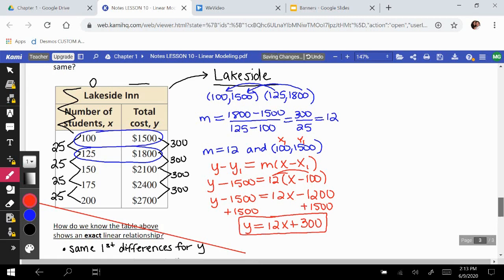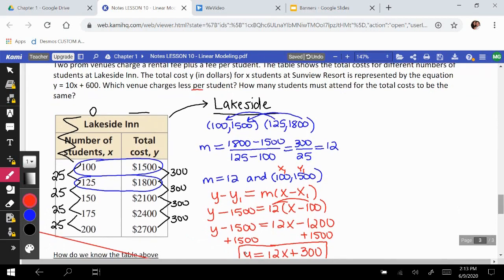Okay, and I already have the equation for Sunview, right? For Sunview, it gave us the equation y equals 10x plus 600. Now the question is, which venue charges less per student?